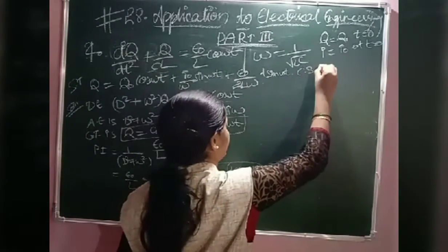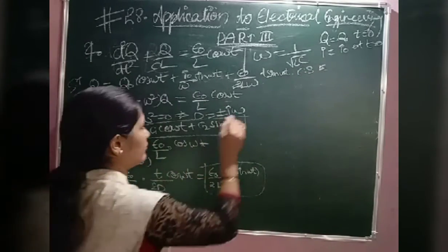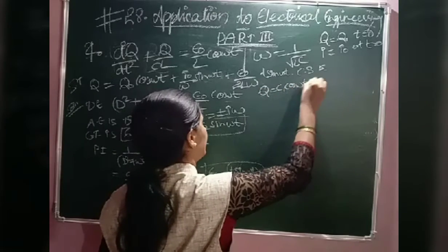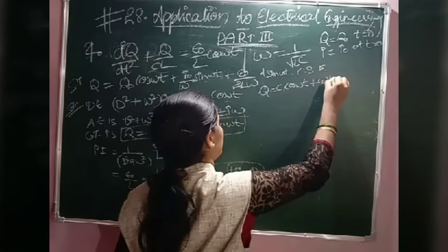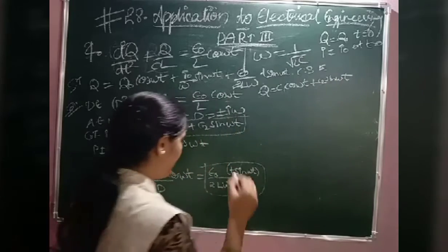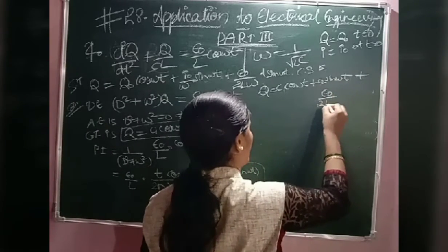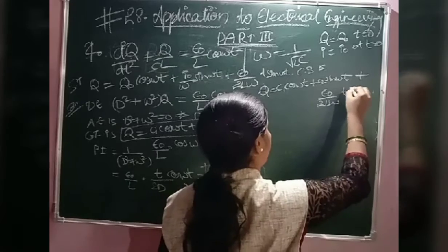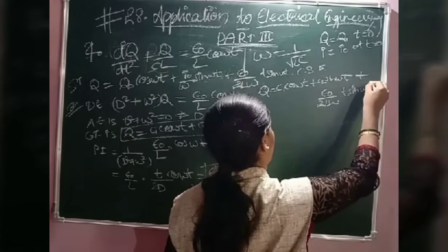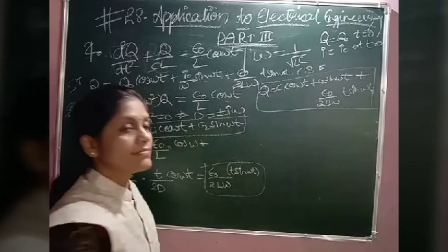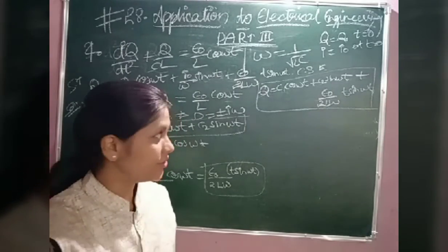The complete solution is Q = C₁ cos ωt + C₂ sin ωt + (E₀/2Lω) t sin ωt. So this is our complete solution.